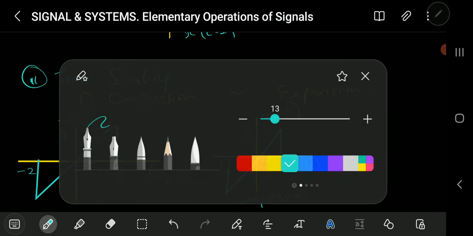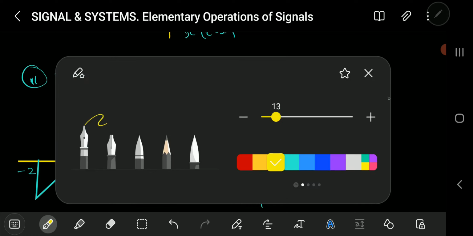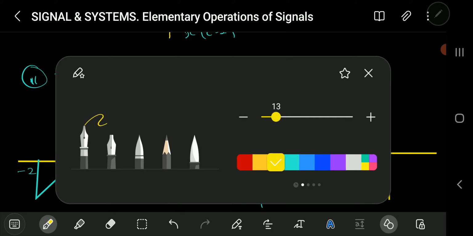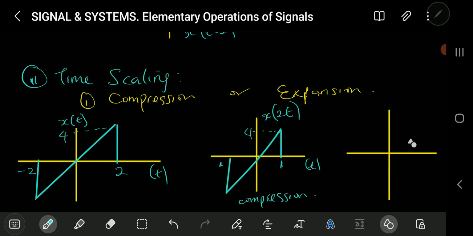But if it is for expansion, let me draw that. So if it is for expansion, the representation will look like this, if you're having it to be x of t over 2, exactly.